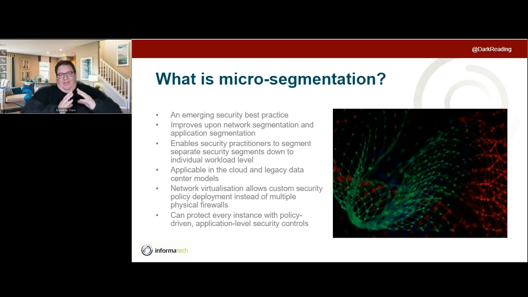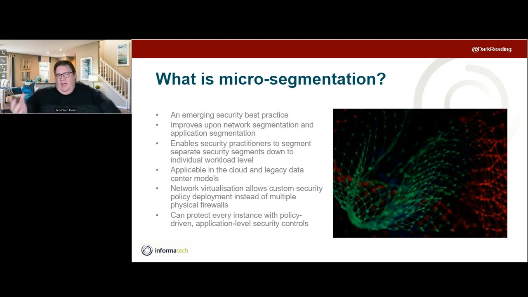Network virtualization gives us the ability to use custom security policy deployment and gets away from saying, hey, we've got to chuck a firewall in here or a firewall there, which of course doesn't translate to cloud. Indeed, in a conversation I had with one of the security managers at one of the big cloud providers, he said basically, if you're thinking in terms of that kind of network-based infrastructure model and trying to translate that to cloud, you've really got the wrong paradigm.